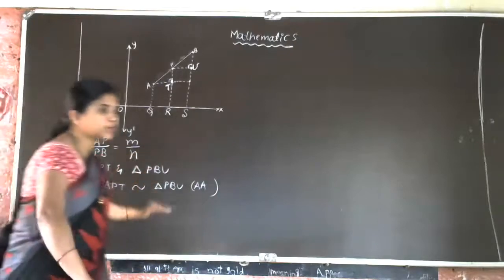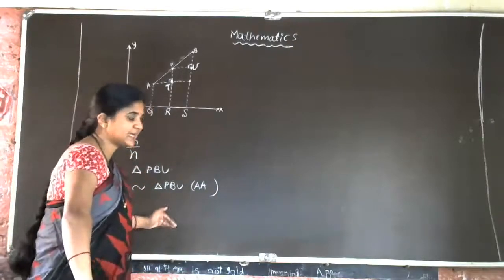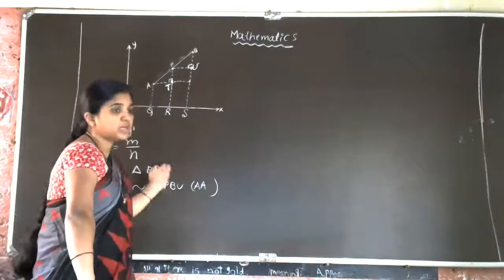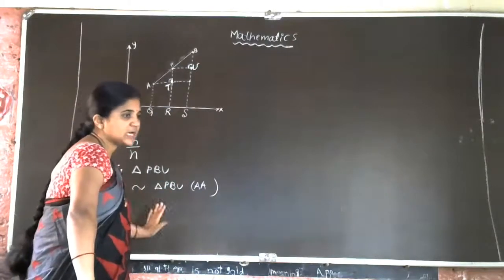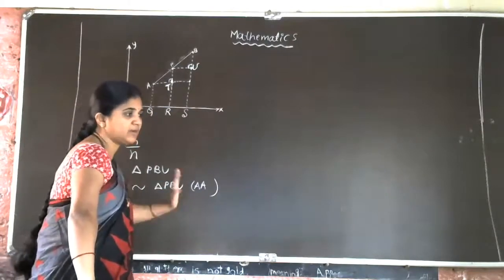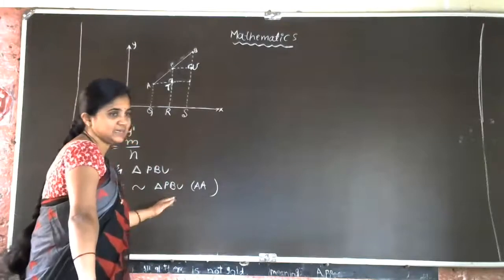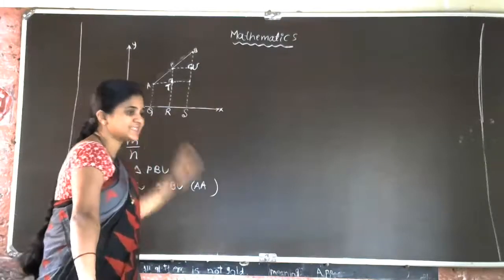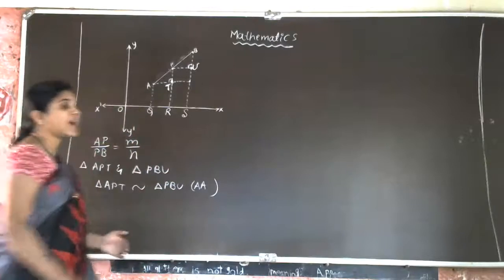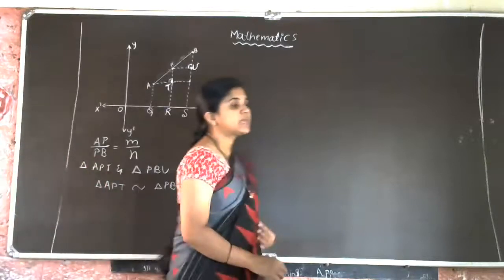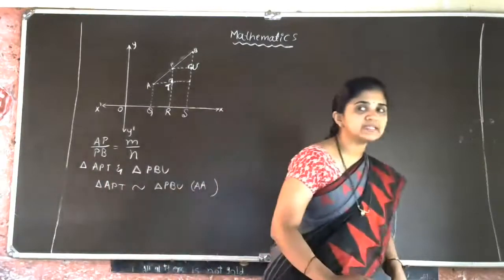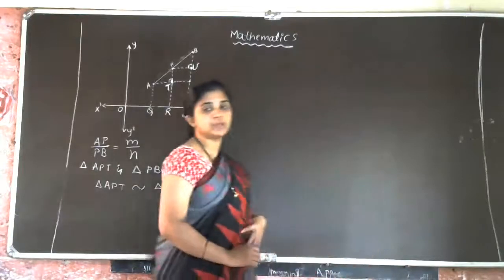No need to prove AA similarity criteria; we just have to confirm whether the two triangles are similar or not, because after the similarity criteria we have to take the sides ratio. Now, when two triangles are similar, their corresponding sides are in proportion.